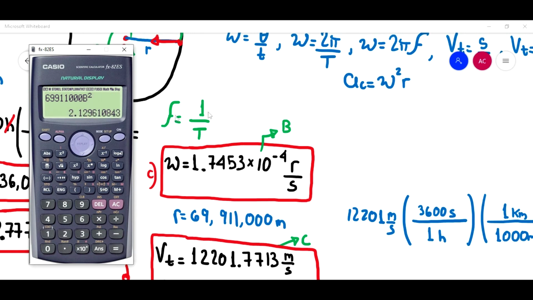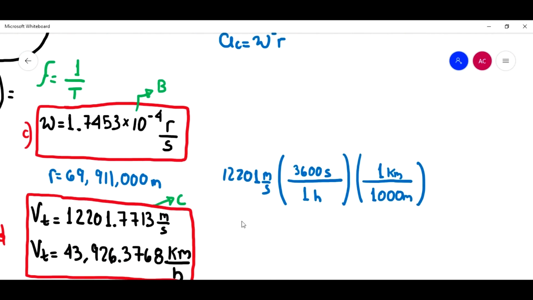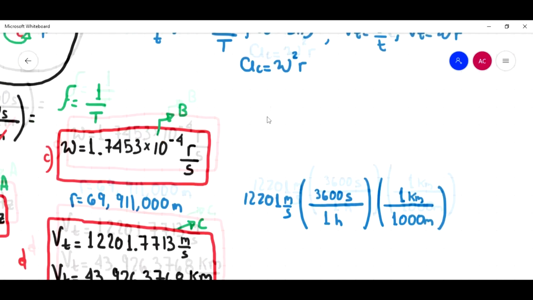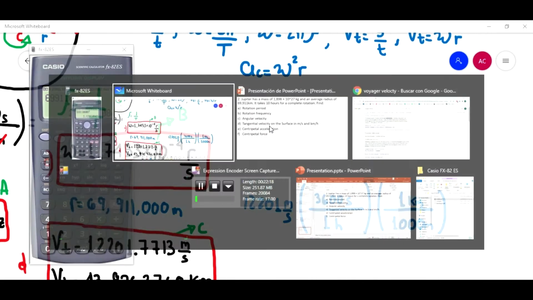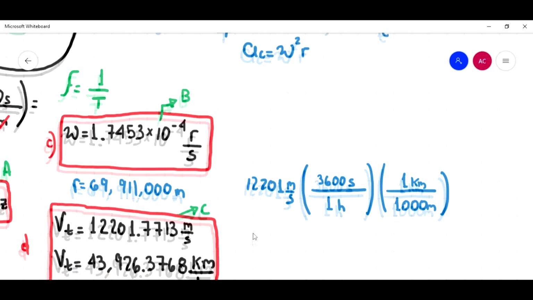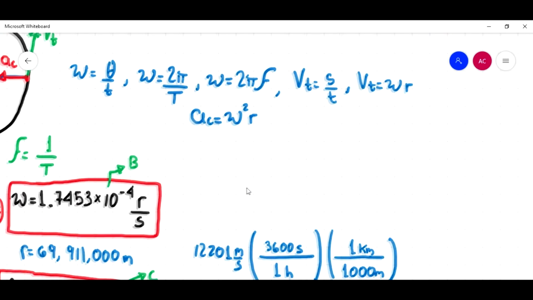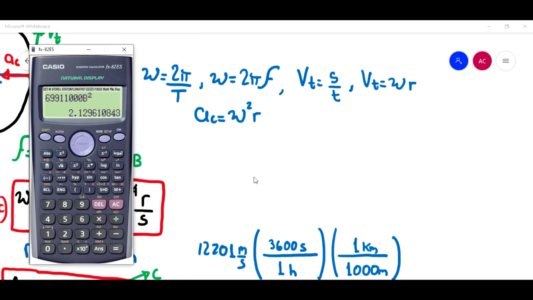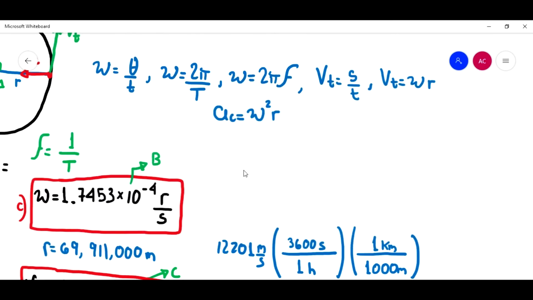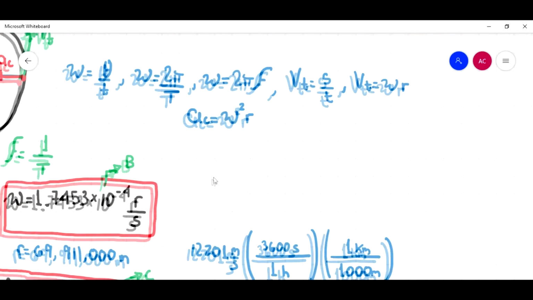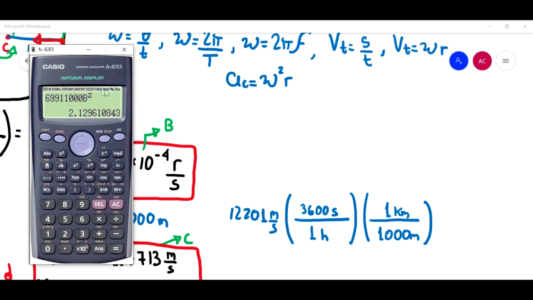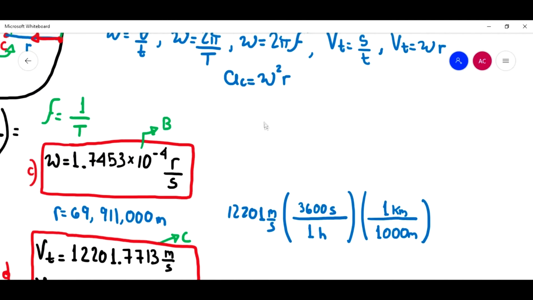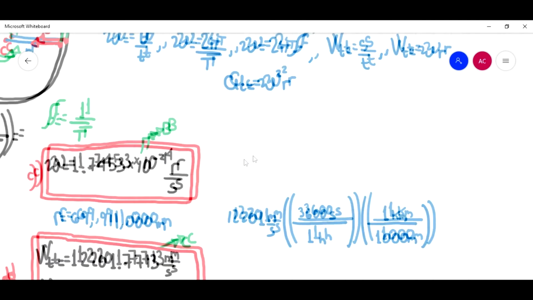Yes, okay, that is the centripetal acceleration. If you see, that's just a little acceleration. Sorry, I was just seeing some results.